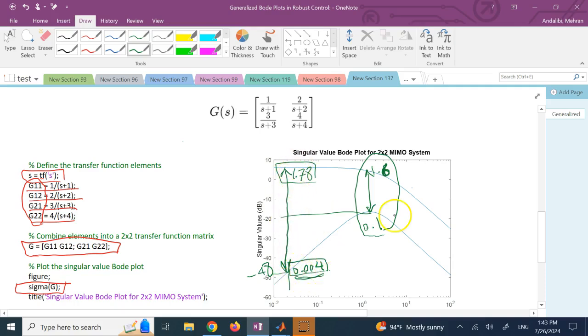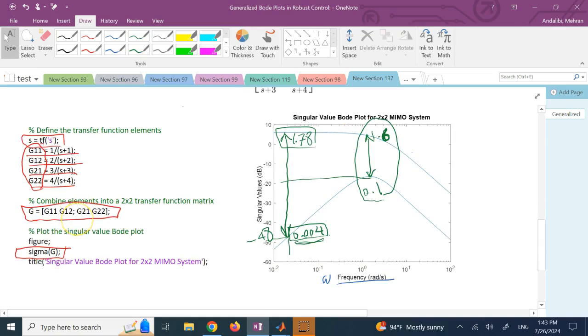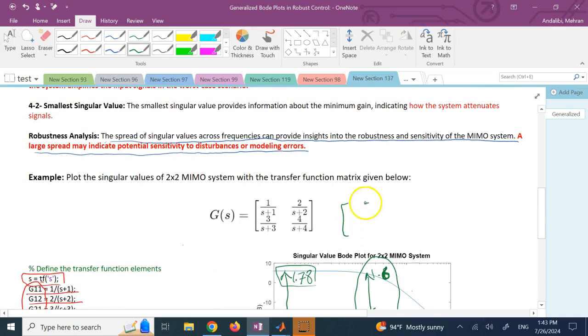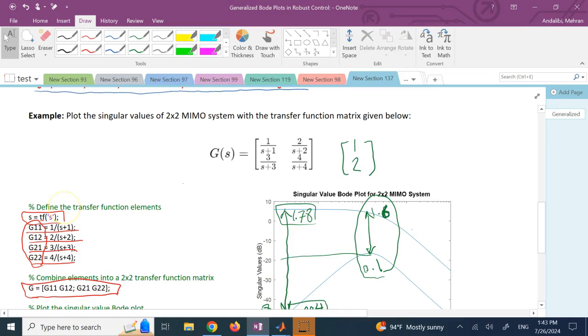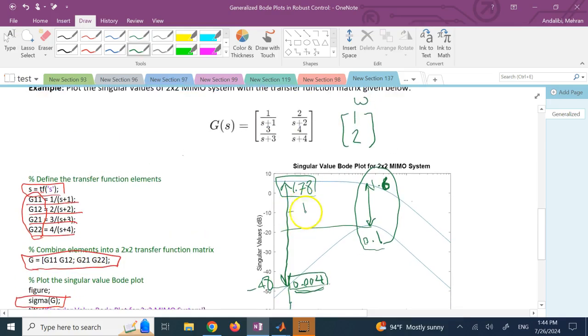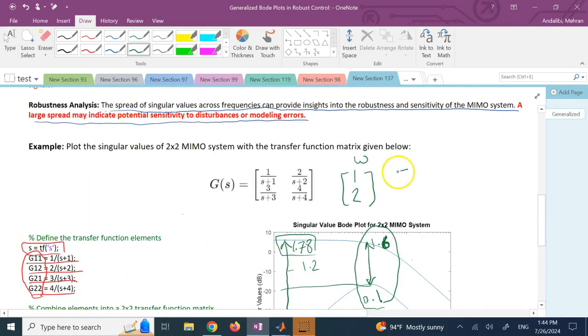It means that your output could be completely different depending on the direction of the input, right? Depending on this 2x2 input that you get. If it's 1, 2, you might get a magnification at this specific omega of 1.2, but if, for instance, it's 1 and maybe 1.5, guess what?